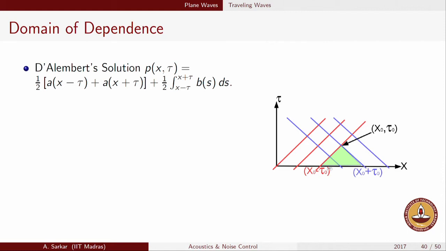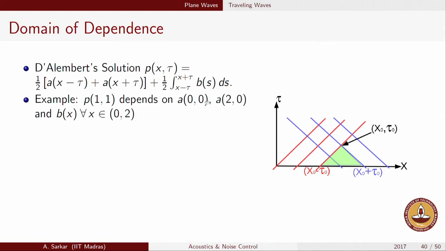So, accordingly this interval is identified as the domain of dependence, or it is the initial condition in this interval which happens to influence the solution at x comma tau or x0 comma tau0. Whatever happens at this region or whatever happens at this region is not going to affect the response at this specified space time point x0, tau0.